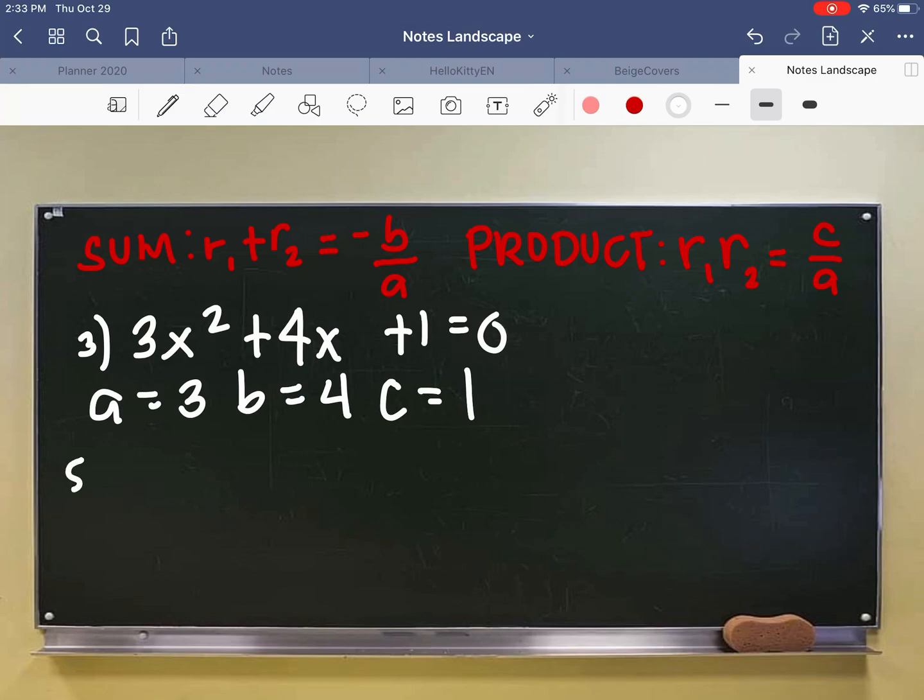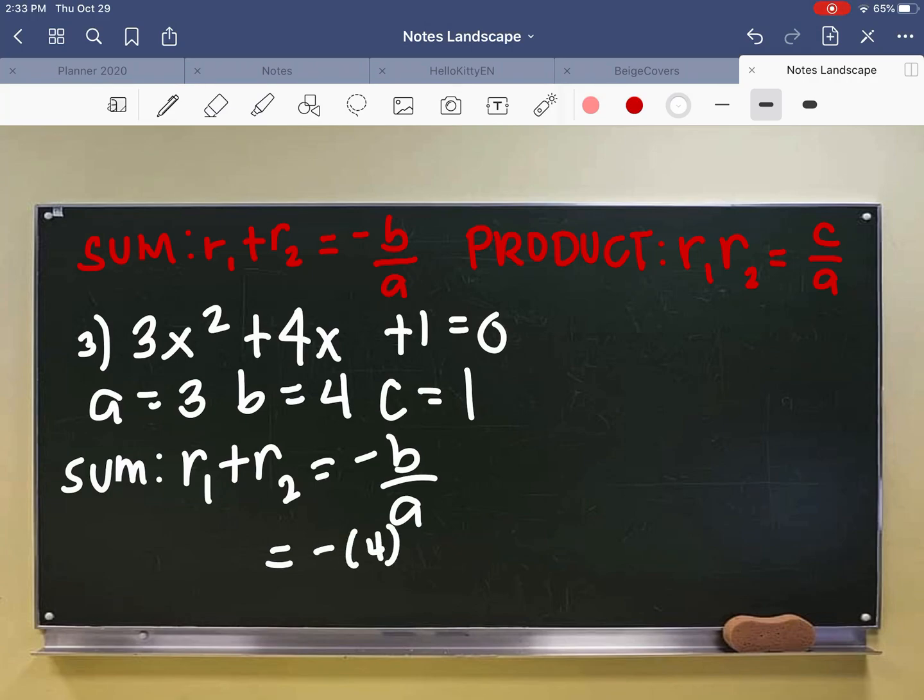Okay, so sum is again r sub 1 plus r sub 2 equals negative b over a. So this is negative 4 over 3. So the answer is negative 4/3. Okay, so tanggalin natin dyan yung negative. So that would be negative 4/3.